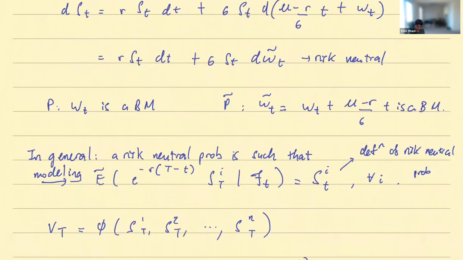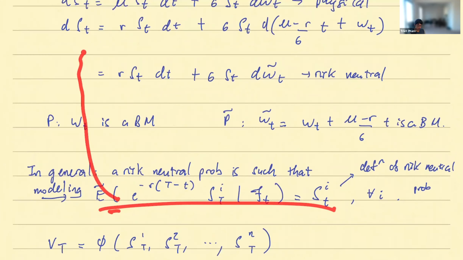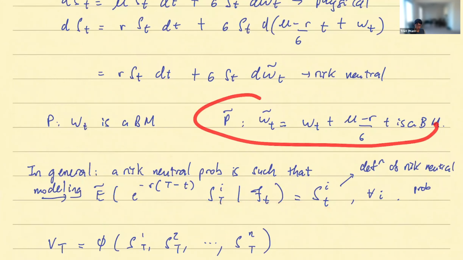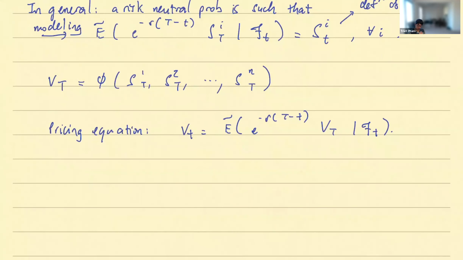So all in all, this is the most abstract framework that you can use. From here, you unravel it back to see what you need your risk neutral probability to satisfy. Is that okay? Any questions?